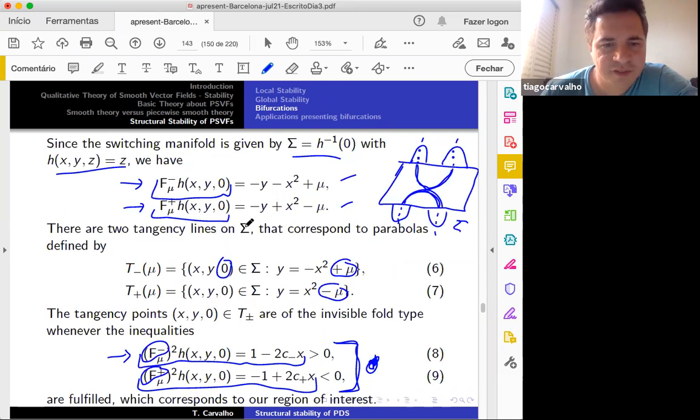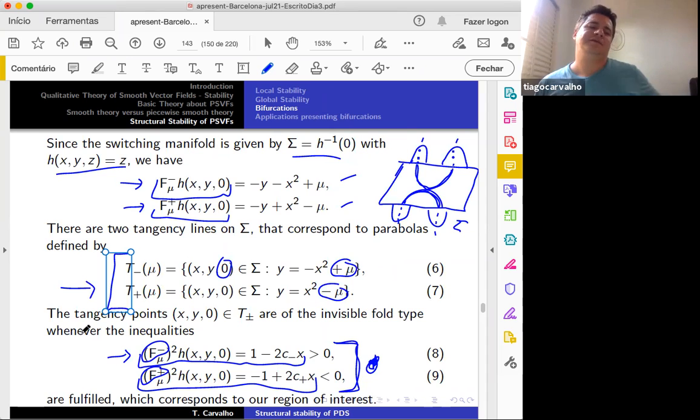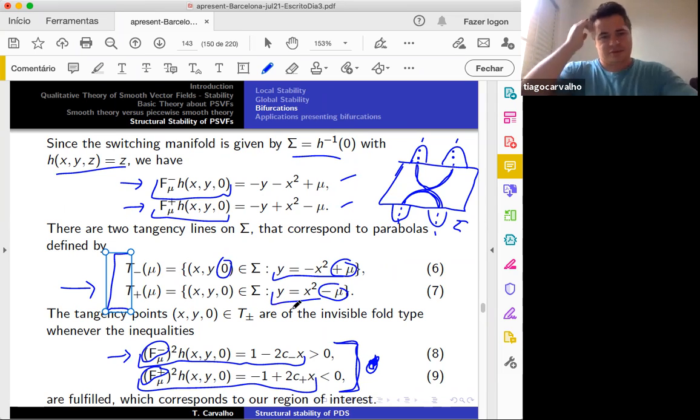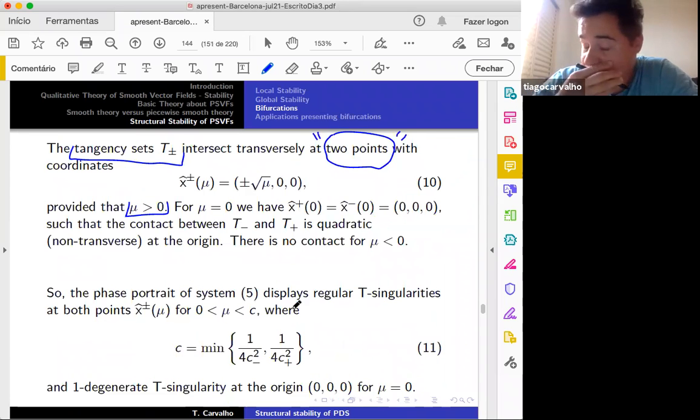Because their expressions are this one. This is the first thing that we have to observe here.